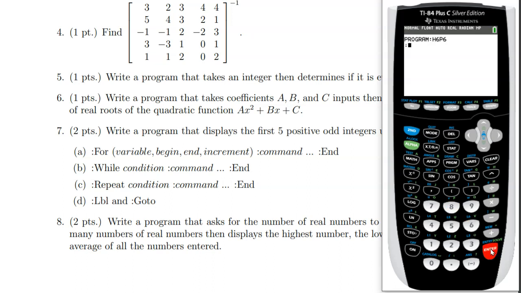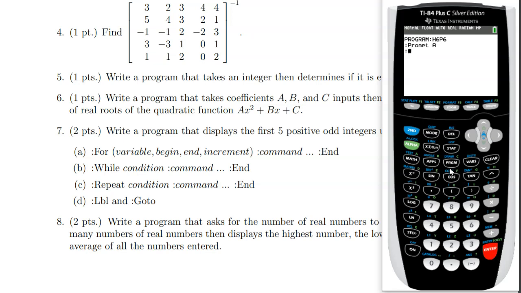All right, so we have to ask for 3 values, A, B, and C. So I'm going to go to input output, and we want number 2, prompt for A value. So I'm going to go to A, enter.